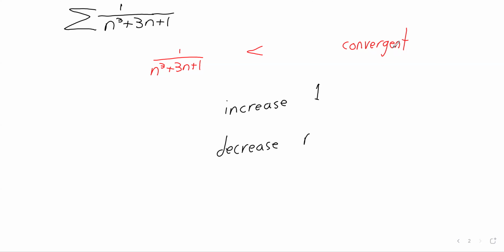Conversely, we could try decreasing the denominator, and again, the question arises, decrease it to what? But here we can decrease this in what I hope is a pretty natural way. It's basically just how we handled the last example. How can we decrease this to get a convergent series?